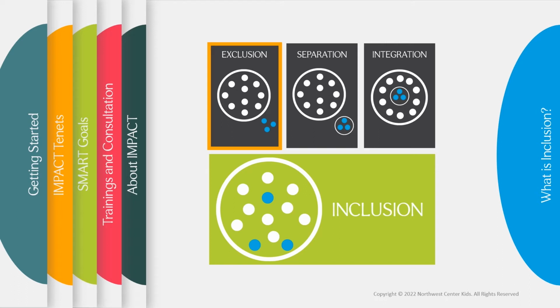Something else we see is separation, where children of all abilities are enrolled but are separated at times. For instance, while typically developing kids participate in circle time, children with special healthcare needs are taken to another room to do a different activity. One step closer to inclusion is integration. This is where children with special healthcare needs are in the classroom but are not participating in the activities with their typically developing peers.